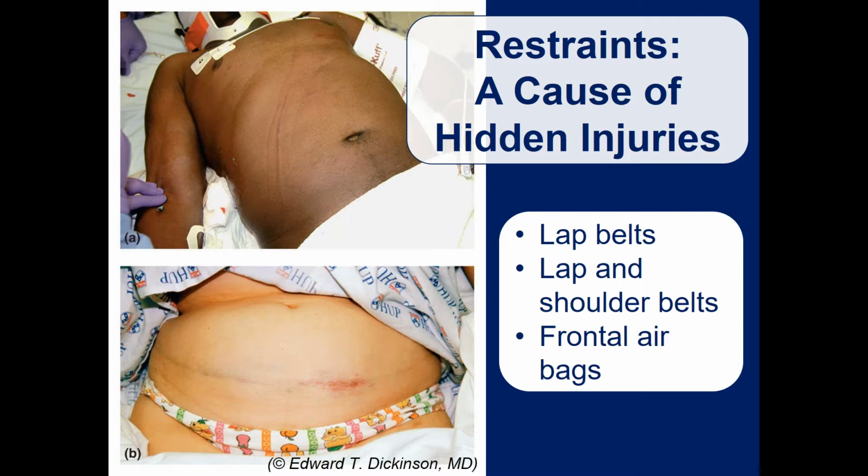But like, that windshield's not meant to give. So when you see at a motor vehicle collision scene that spidering of the windshield, and you can see the only direct point of impact had to be that patient's head, there is going to be massive and significant injury going on there, just based on the amount of force it takes to break a windshield.